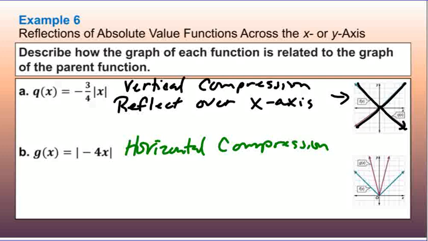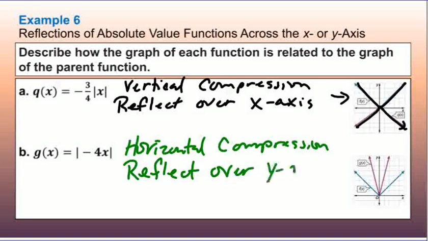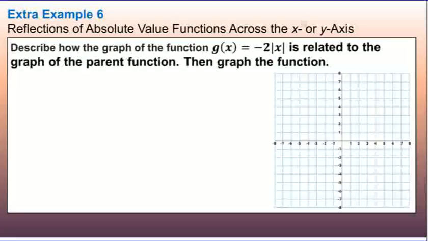There is a negative involved, and because the negative is on the inside, this is reflected over the y-axis. So your y's still stay positive, but it's just reflected over the y-axis here.